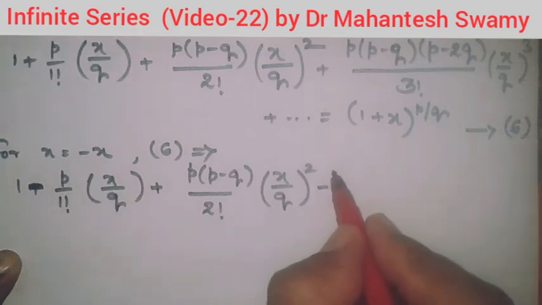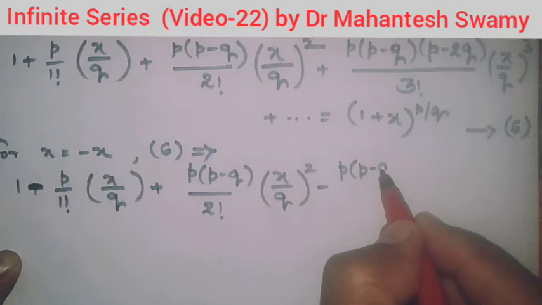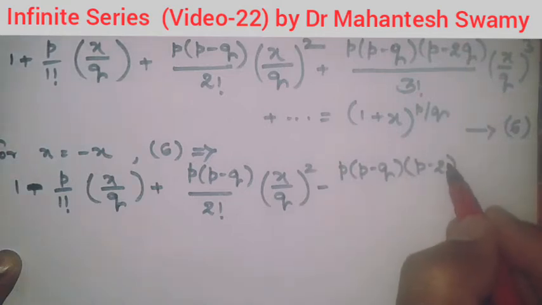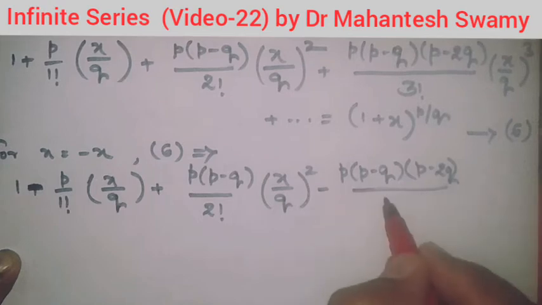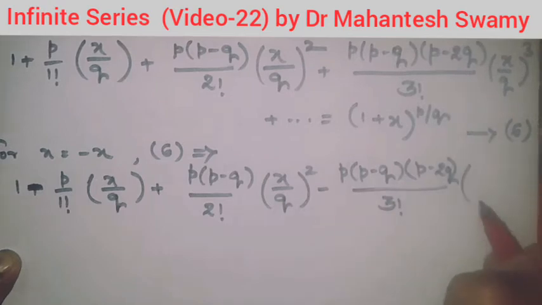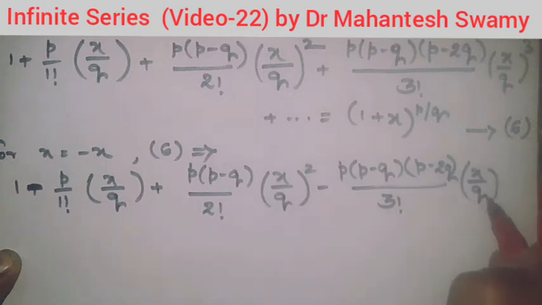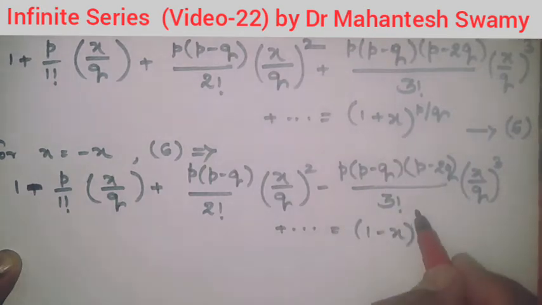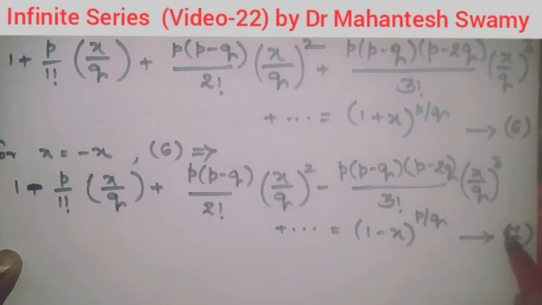Therefore it is minus p into bracket p minus q into bracket p minus 2q divided by 3 factorial into x by q, x is minus x, that minus has been taken over here, it's a cube, and like that. So this infinite series is 1 minus x, because we are substituting x equal to minus x, p by q as it is. So this is another important result, take it as equation number 7.